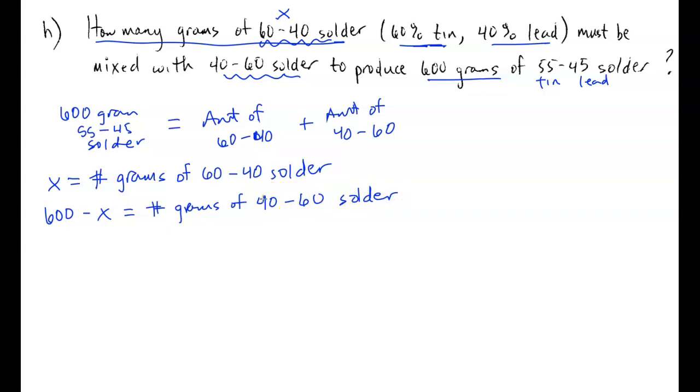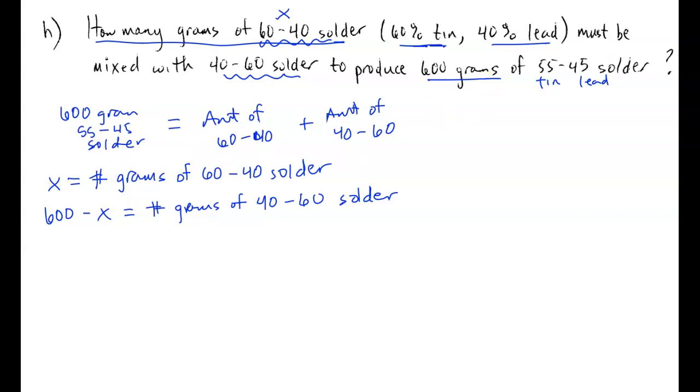Now, when we go to figure out how much of this solder we're going to have, notice that we're given percentages based on the different types of solder. So I'm going to use just the information from the tin in each one to make my point.